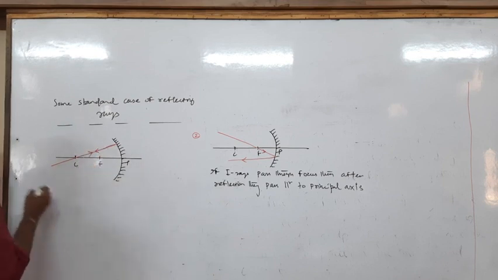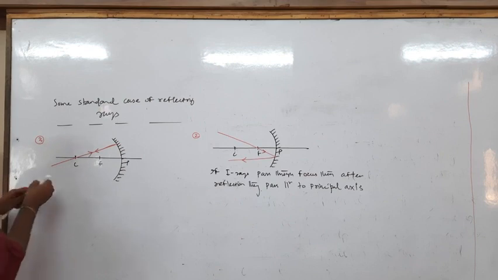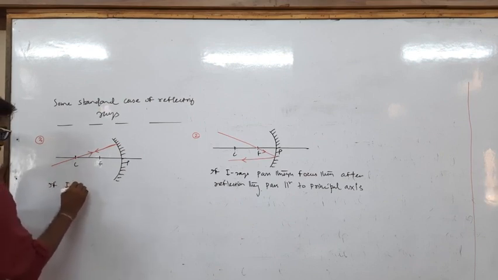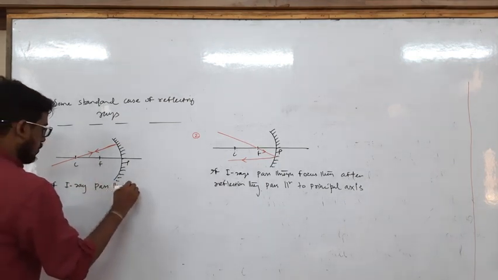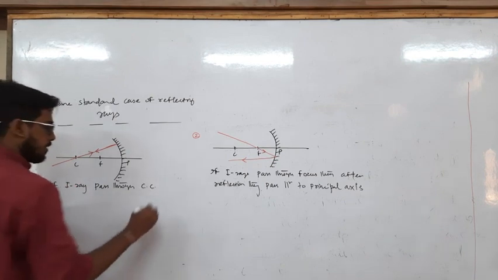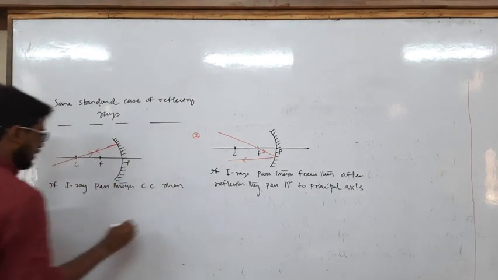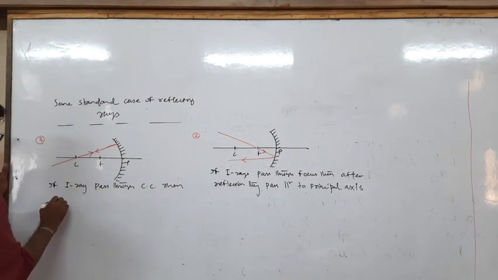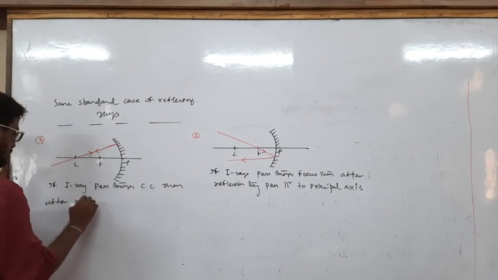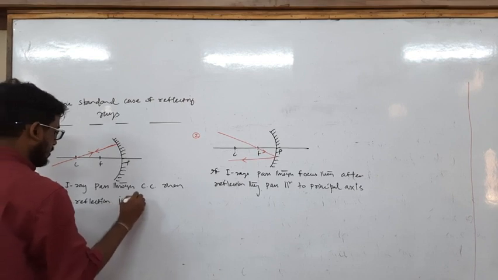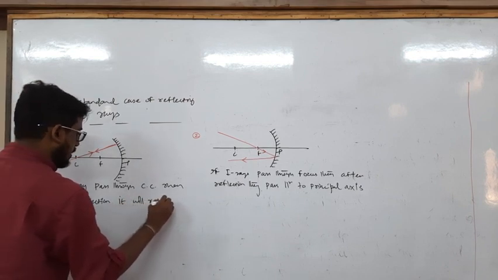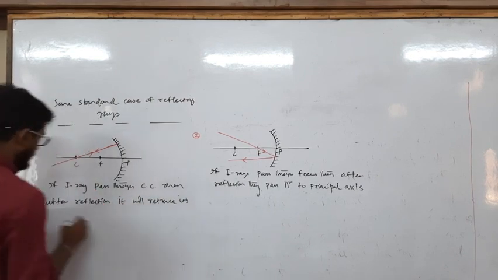So you have to remember case 3: if the incident ray passes through the center of curvature, then after reflection it will retrace its path.